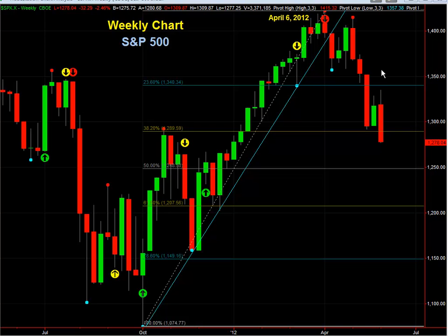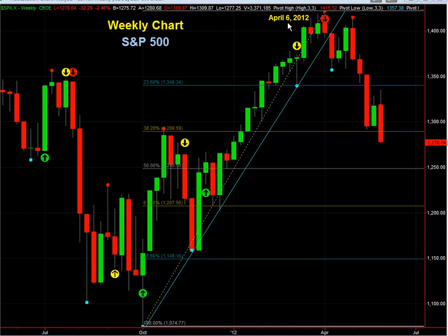Now, what I wanted to point out to you is that you can avoid these types of disastrous waterfall moves down. If you're an investor, you can be out of the market if you use our cycle model. If you're a trader, you can be set up to take advantage of it. But the main point is this: the long-term trend is down.